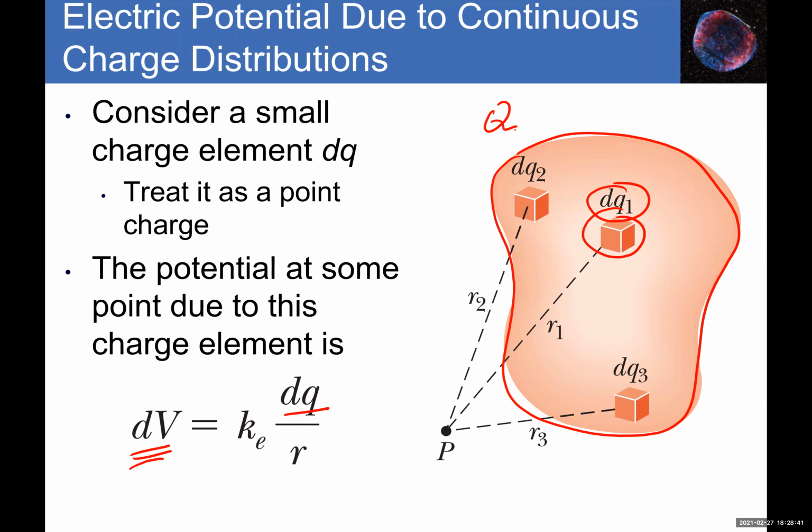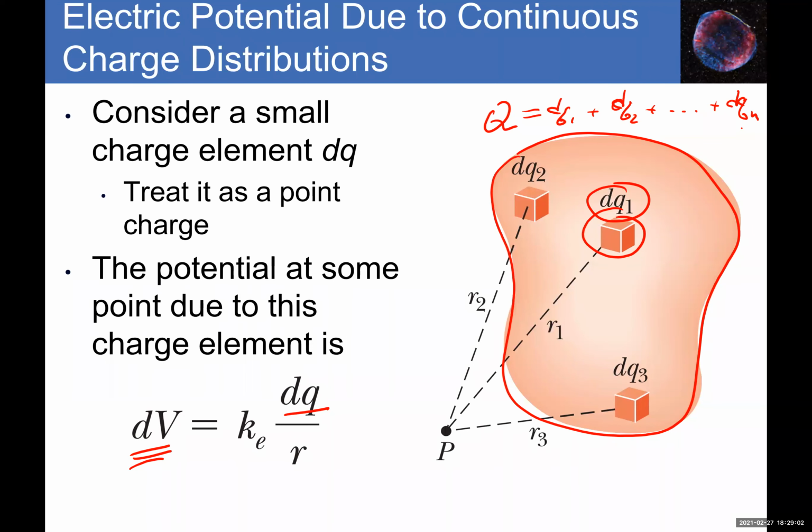I can take the total charge q to be dq1 plus dq2 plus dot dot dot dqn. That means we can break it down into many tiny elements.